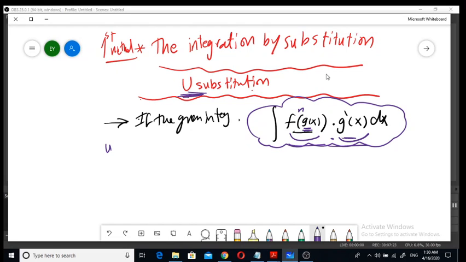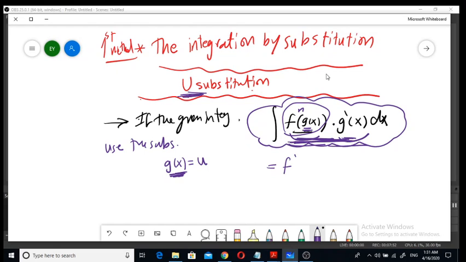we are going to use the substitution method. We are going to replace g of x by u. Then how can we integrate this form? We are going to apply the integral power rule.